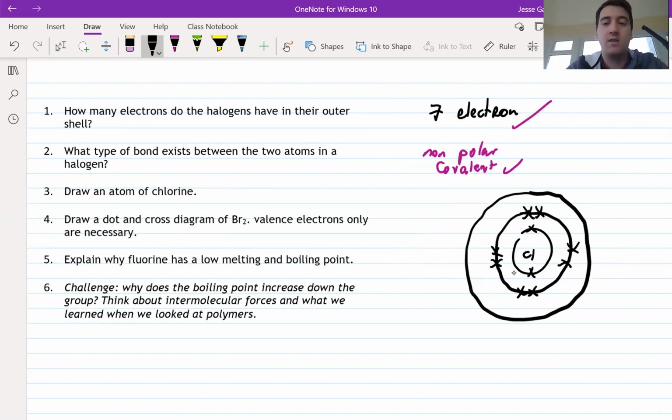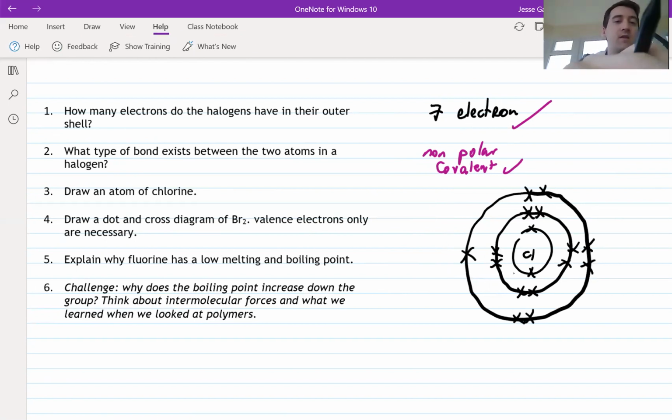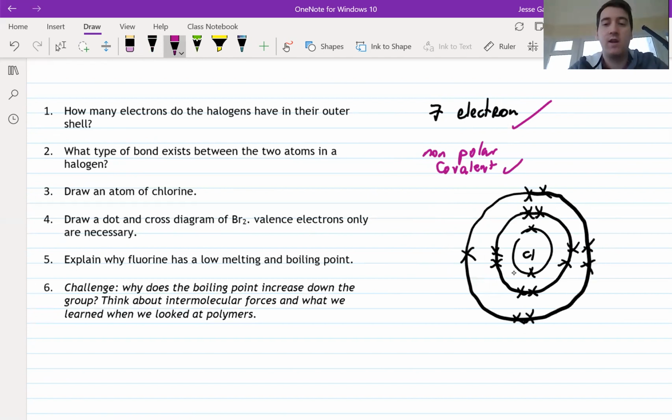So you've got 2 there, 2 there, 2 there, and 1 here. So you should have 7 electrons in the outer shell. Make sure you have that done. Okay, so make sure you've got the chlorine nucleus, 2 in the first shell, 8 in the second shell, and 7 in the third shell. Well done, if you got that right.